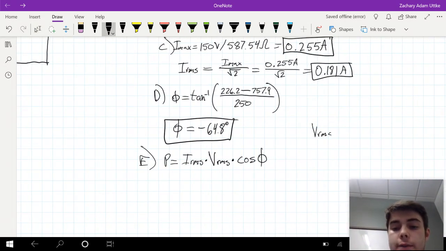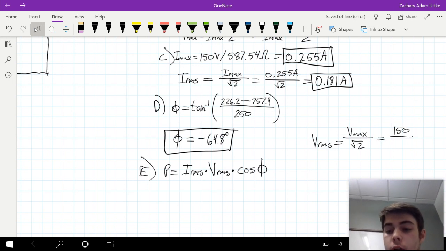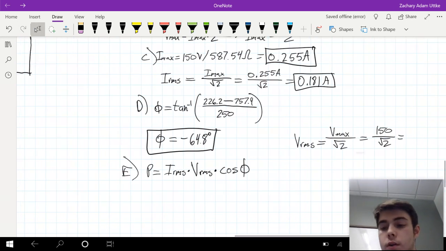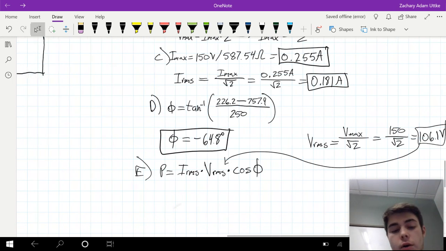And that is pretty much given by the same equation. So Vmax divided by the square root of 2. So 150 divided by the square root of 2. After punching that in, I get 106.1 volts. Okay, now we can plug that back in to figure out our power factor.